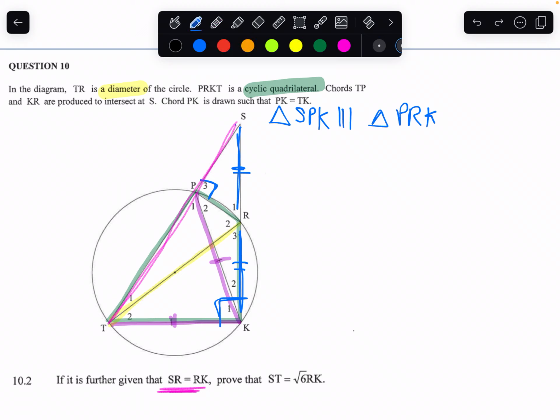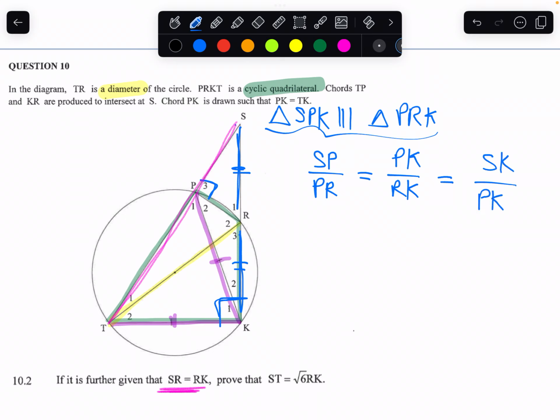So we know from here that SP over PR is equal to PK over RK is equal to SK over PK, right? And we've been told now that SR, where is SR?